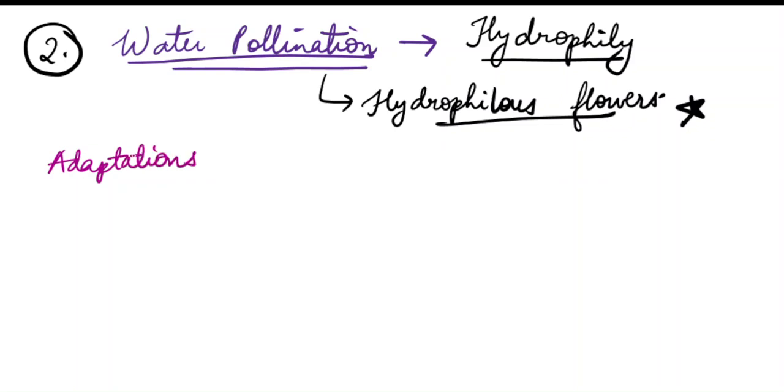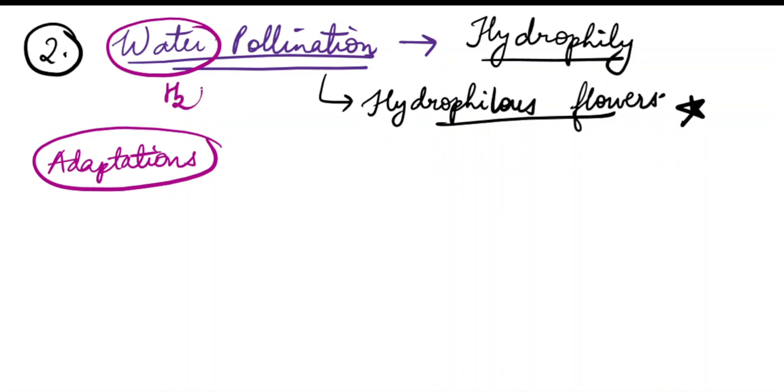Here the pollination is brought by water. We know water, H2O. Here water will do the pollination, so obviously the plants will be aquatic plants, meaning they will be in the water.